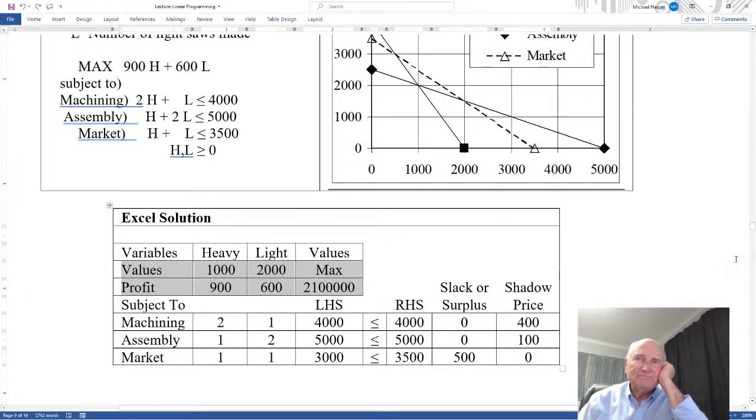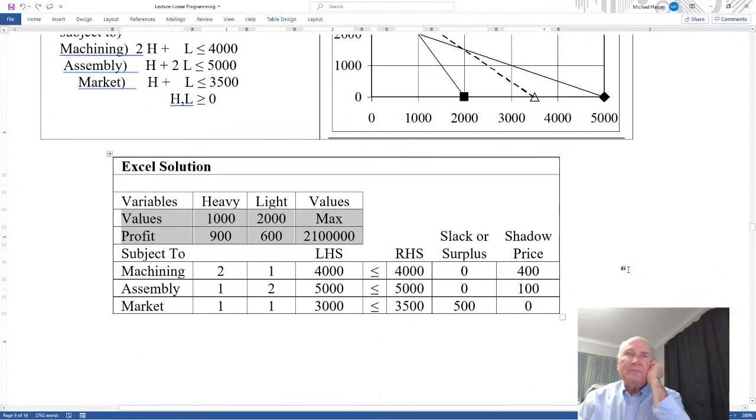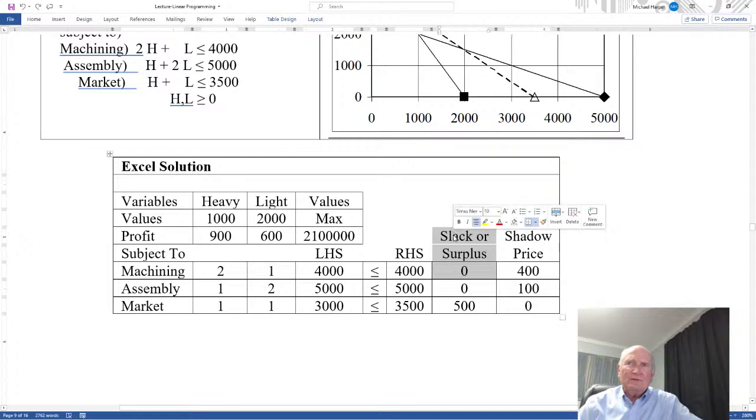Okay? Very good. Now, what about the machining and assembly department? Well, you can say here, oh yeah, you've maxed out. Are those slack or surplus? Good question. This is less than, so those are slack. The slack is 0, so you say machining and assembly are binding.